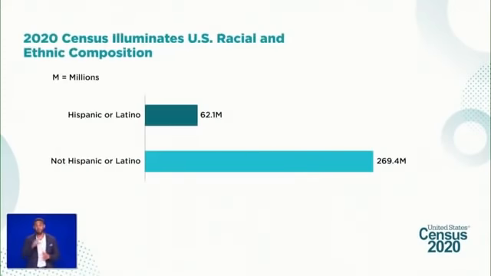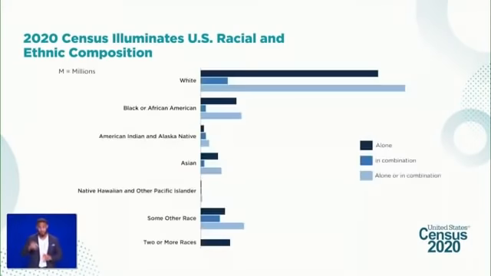The 2020 census illuminates the racial and ethnic composition of the United States. The first component of this composition, for ethnicity statistics, comes from the question on Hispanic or Latino origin. From these data, we know that the Hispanic or Latino population numbered 62.1 million in 2020. The second component of this composition, for racial statistics, comes from a separate question on race.